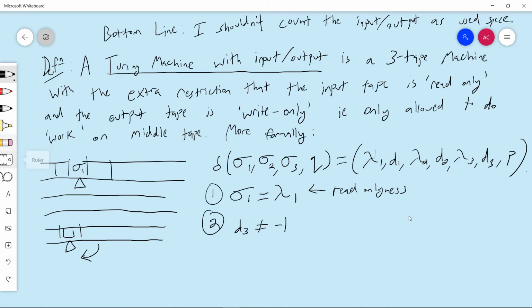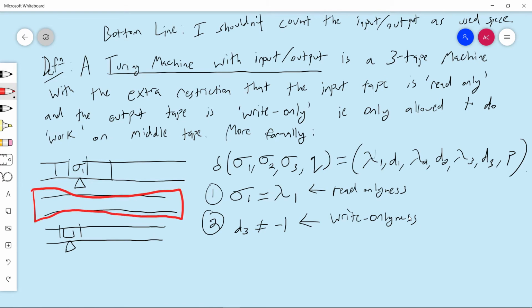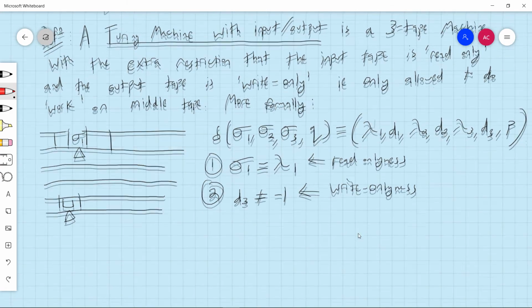That's the idea, and this is what's going to make the output tape write-only in function. So a Turing machine with input-output is basically a 3-tape Turing machine with a couple extra properties that guarantee that all of the work worth looking at, all the actual computation, happens on this middle tape. That's the important point, and that's going to help us define space complexity in which the input and the output don't count towards the space complexity.